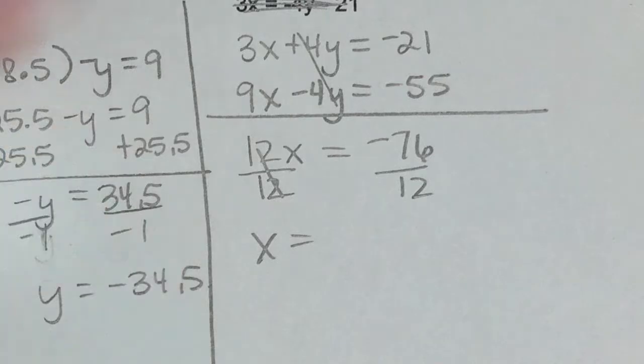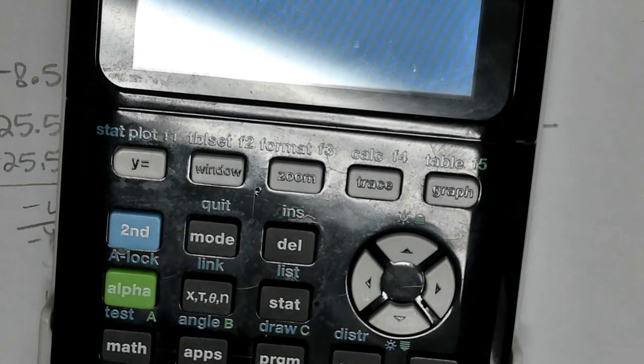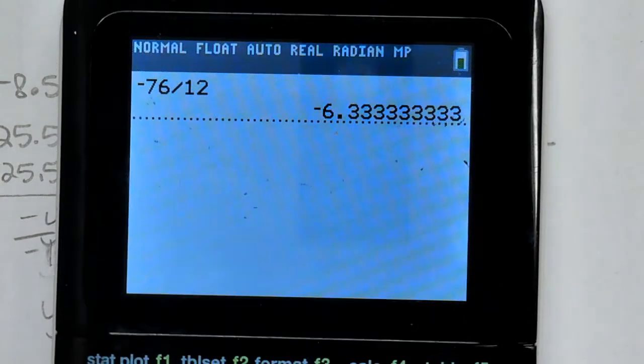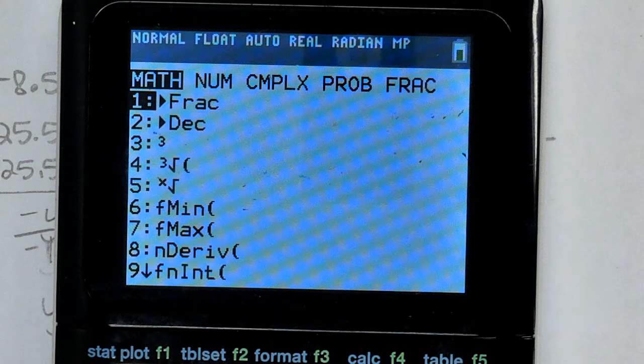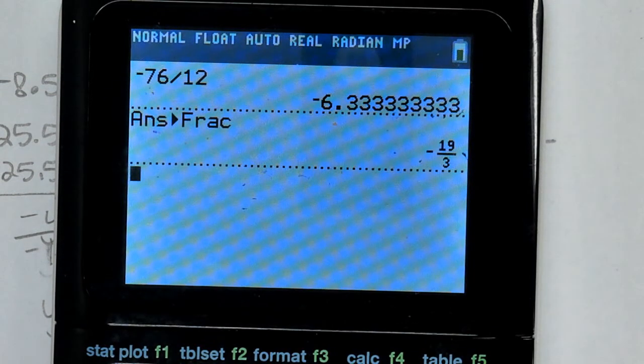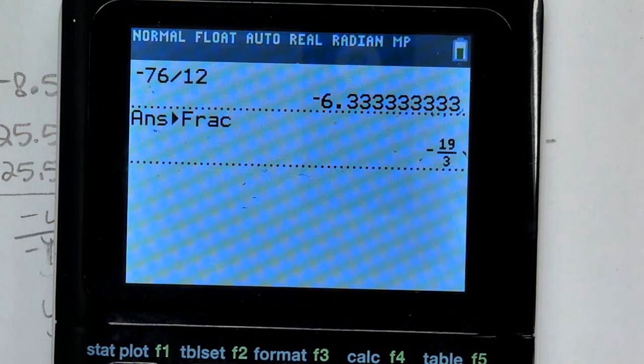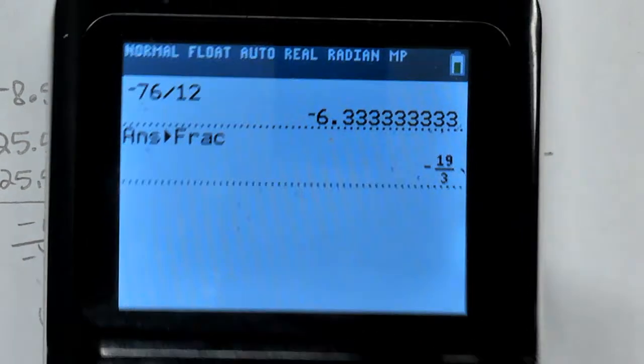All right, let's put that in our calculator. Negative 76 divided by 12. Should I leave it as a decimal? No. Math, fraction. It had a third in it. So negative 19 thirds.